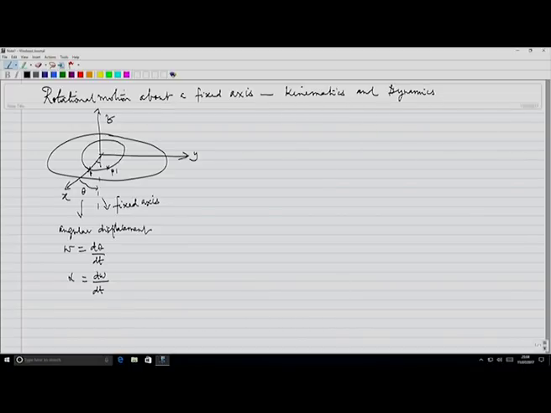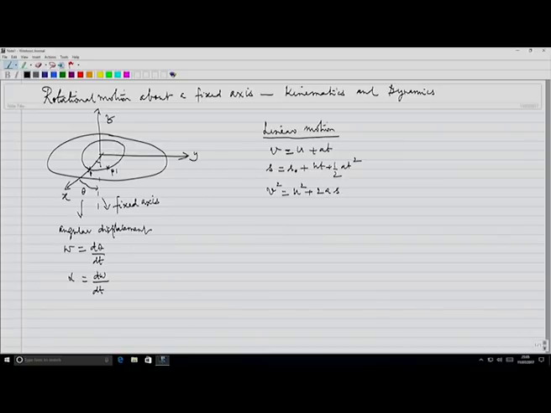In the case of linear motion, the kinematical equations are v is equal to u plus at, and s, namely the displacement, is equal to whatever the initial displacement plus ut plus half at squared, and then v squared is equal to u squared plus 2as.